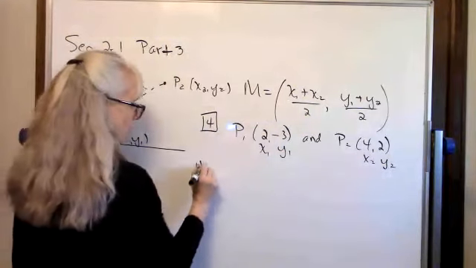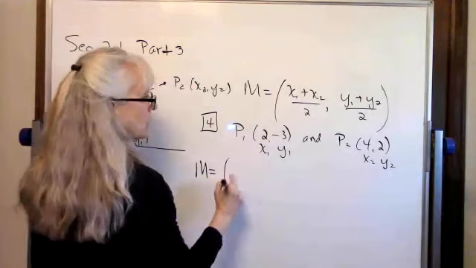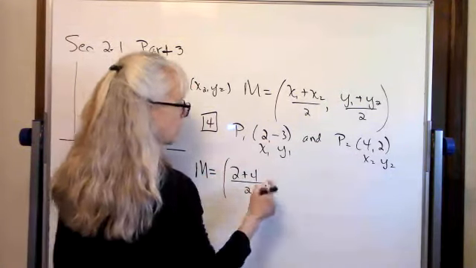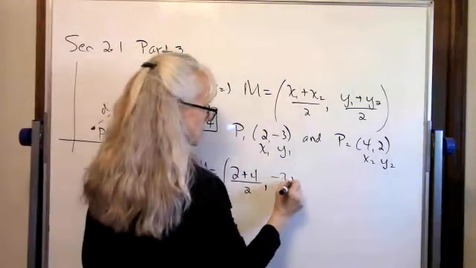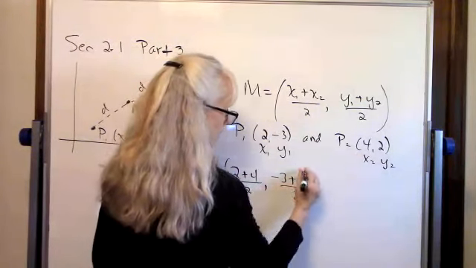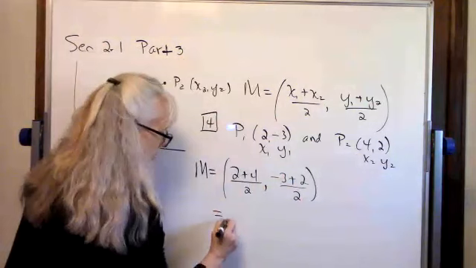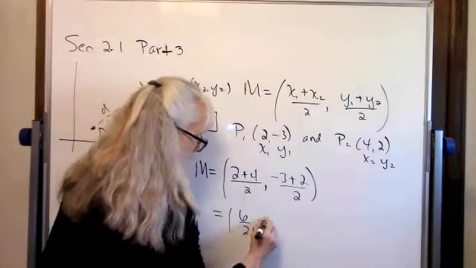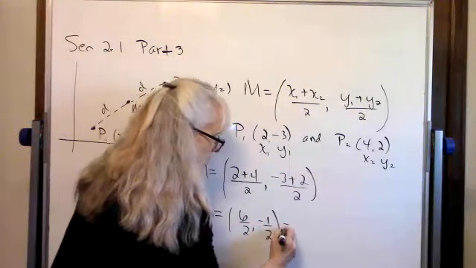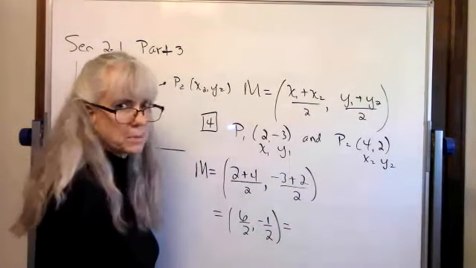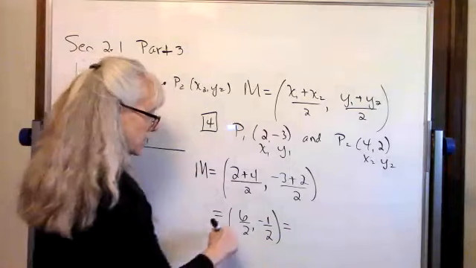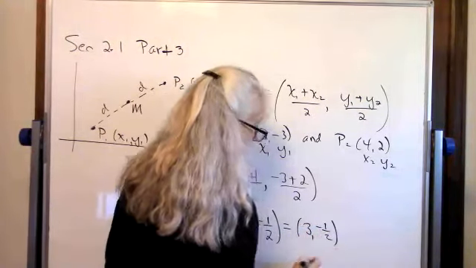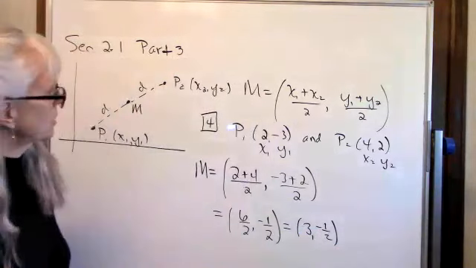So then the midpoint is equal to (2 plus 4), that's the sum of the x's, divided by 2, and the sum of the y's, which is -3 plus 2, divided by 2. So 2 plus 4 is going to give me 6 over 2. -3 plus 2 is going to give me -1 over 2. Reduce any fractions. Don't take it to a decimal unless it's an application problem. So 6 over 2 gives me 3, comma, -1/2. There's the middle point between the two given points.